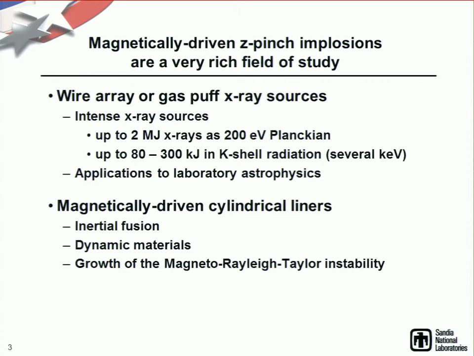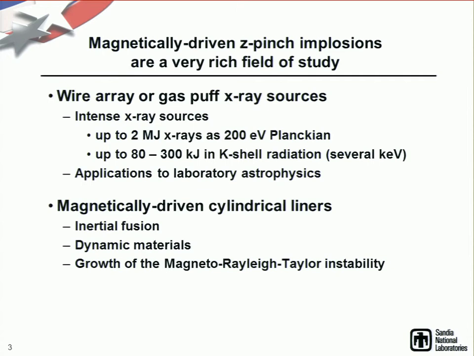I guess the first thing to mention is, why do we want a Z-pinch, or what's the purpose of these? You can use a wire array or a gas puff Z-pinch, which I'll show on the next slide, to create an intense X-ray source.